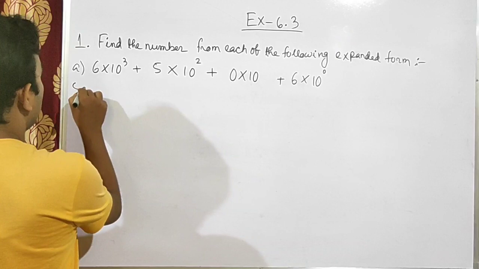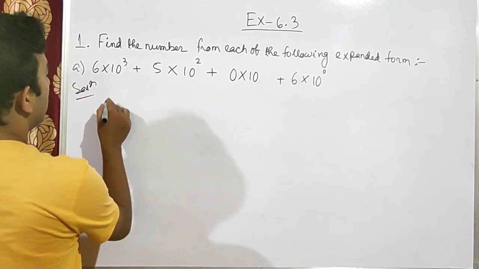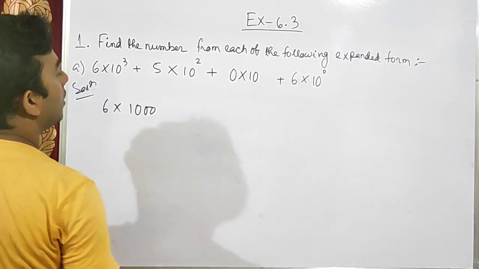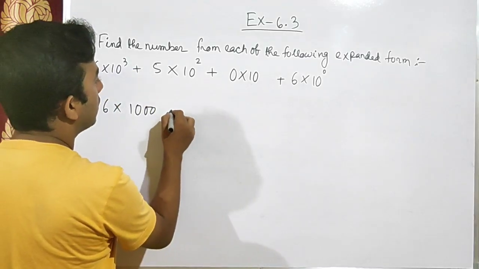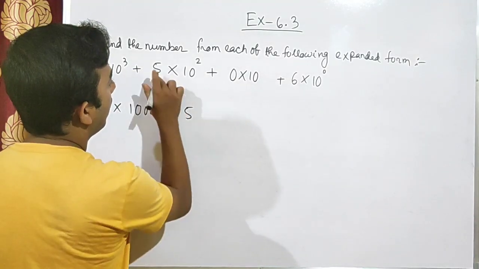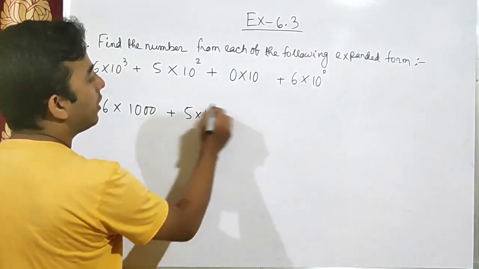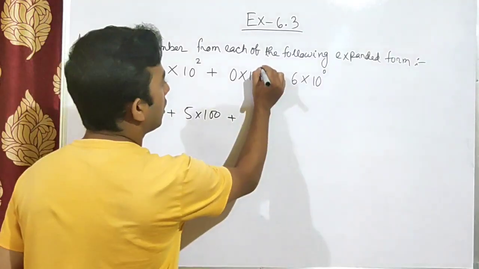Look, we write the solution. 6 into 10 to the power 3 means what? Having 3 zeros. Then we give a plus sign. Then 5 into 10 to the power 2 means 100. Then plus. Now 0 into 10, 10 to the power 1.